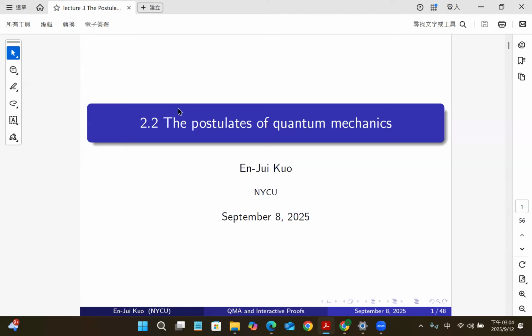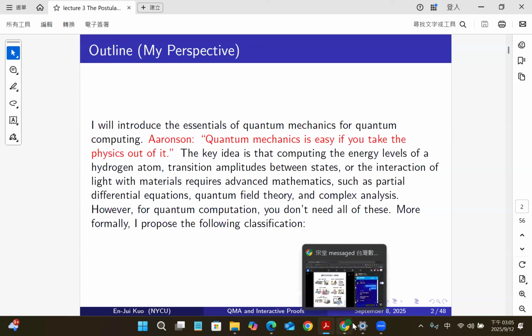Hopefully in the rest of the 40 minutes, I will tell you that actually you don't need to learn all the quantum physics and quantum mechanics if you just want to understand some basic principles, or maybe you want to do research in quantum computing. 那我就想说，如果你要做量子计算的话，其实看你要做什么方向，但是你不需要理解整个量子物理很多细节。原因等一下就知道了。我希望可以说服你，你不需要懂整个 quantum mechanics. Okay, so I will introduce the essential quantum mechanics for quantum computing.